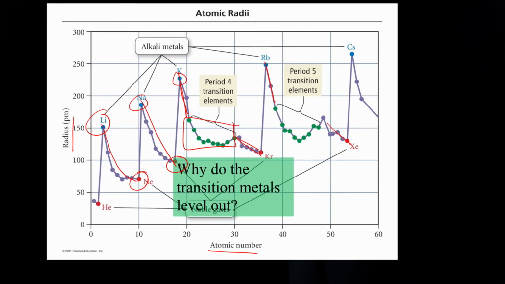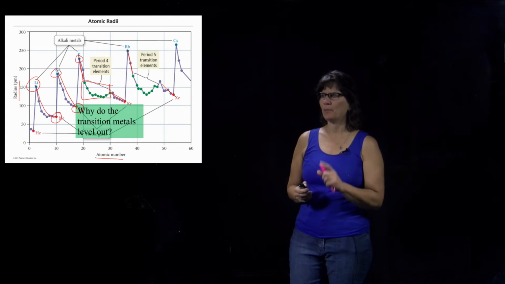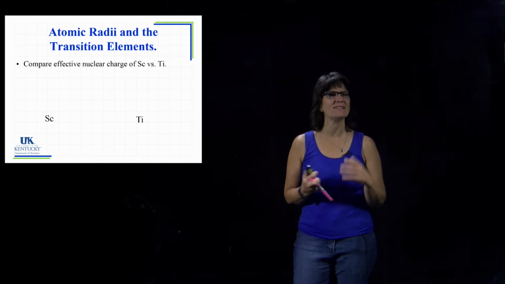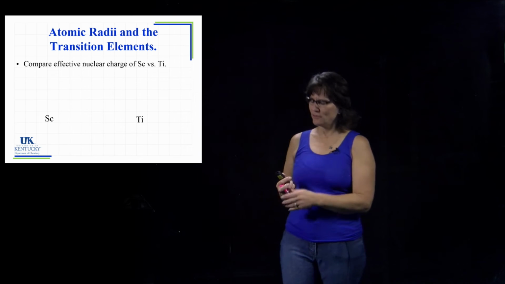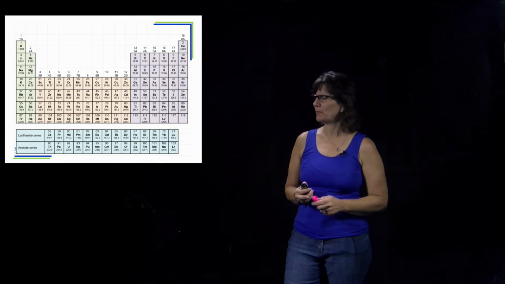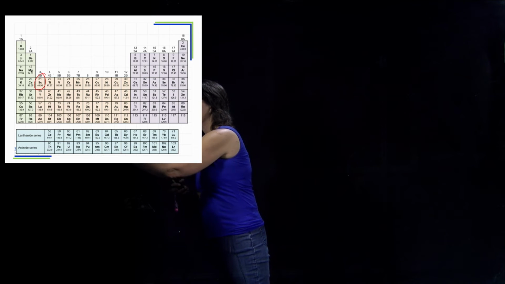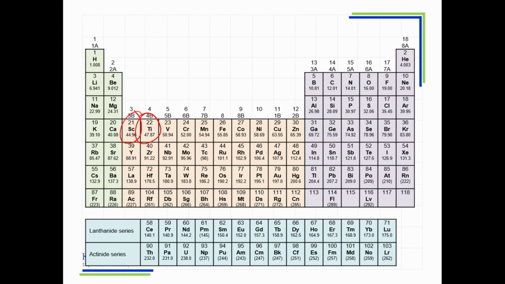So as we look at this transition metal area, let's compare a couple different elements, okay? We're going to compare scandium and titanium in a similar way that we did lithium and beryllium. But these are two transition elements, so let's pull up the periodic table. Let's find them. These are Sc here and Ti there, okay? And we're going to do their electron configuration.